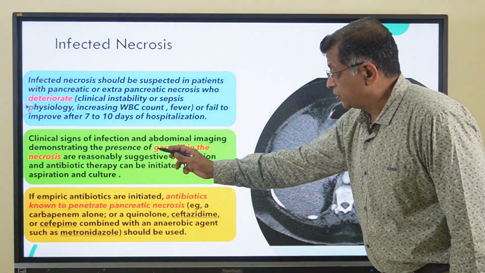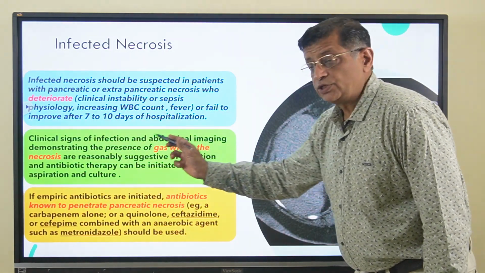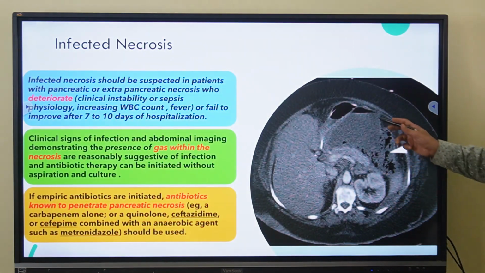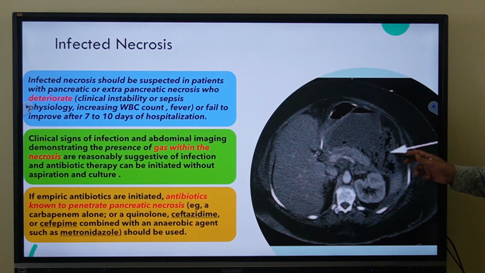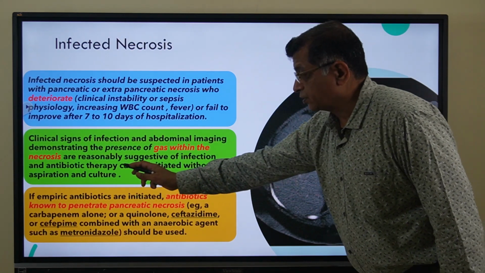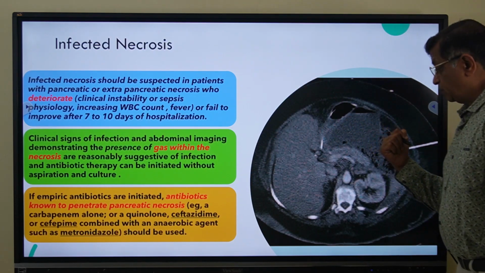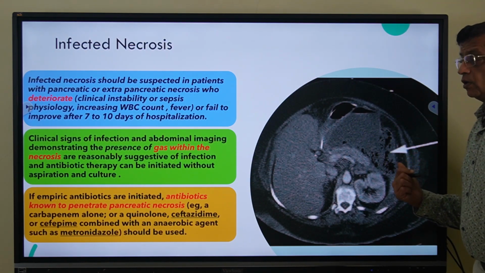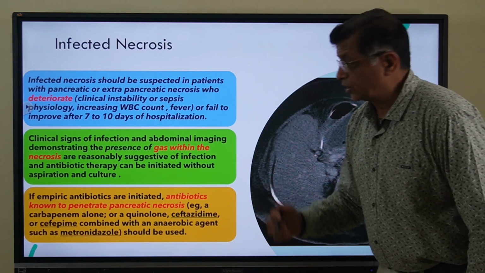Clinical signs of infection and abdominal imaging demonstrating gas within the necrosis. You can see here, this is the whole necrosis, and you can see gas within the necrosis. This is highly suggestive of infected necrosis. If you see a CT picture like this, you can start antibiotics without going for aspiration and culture.